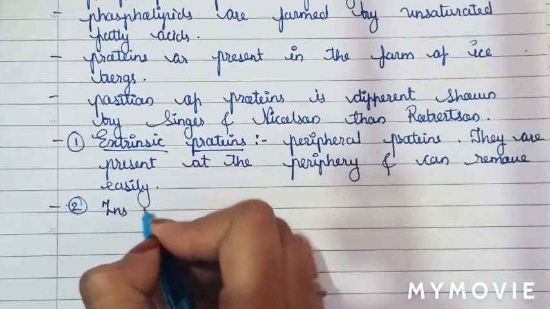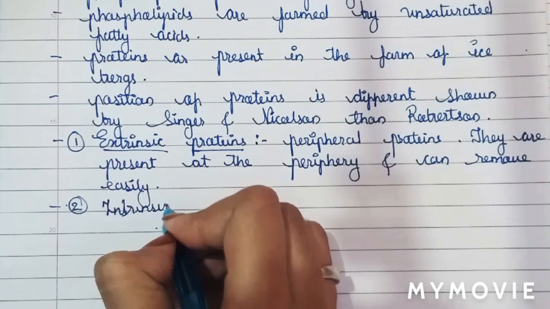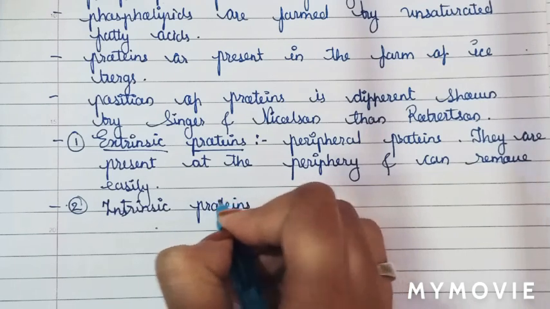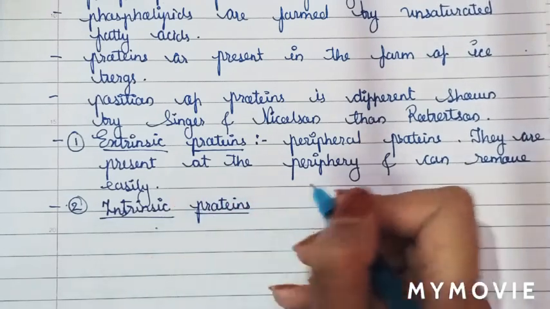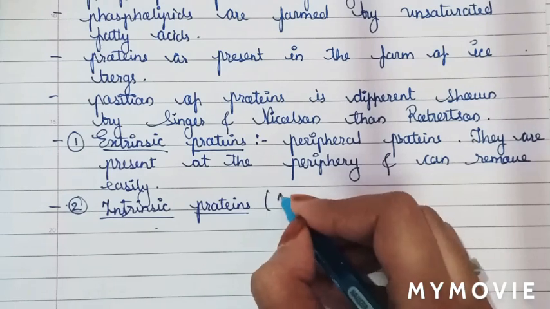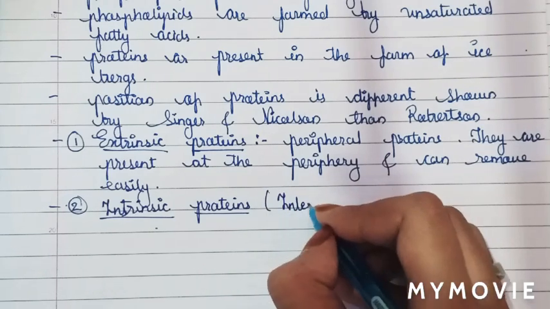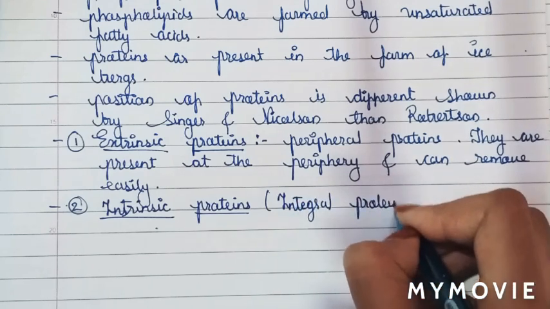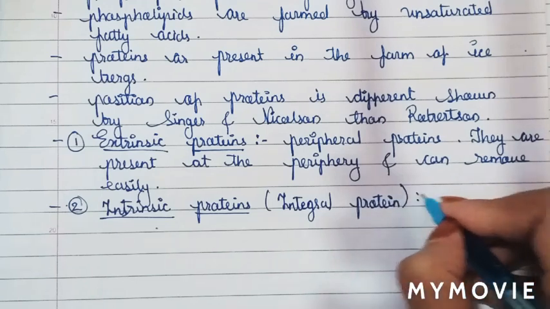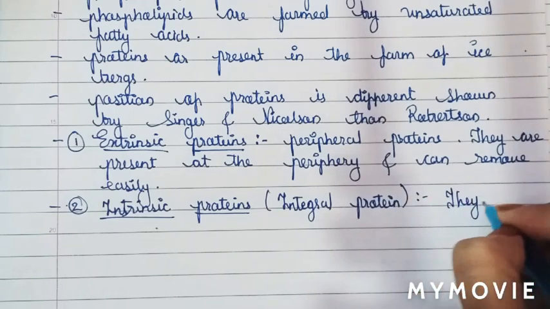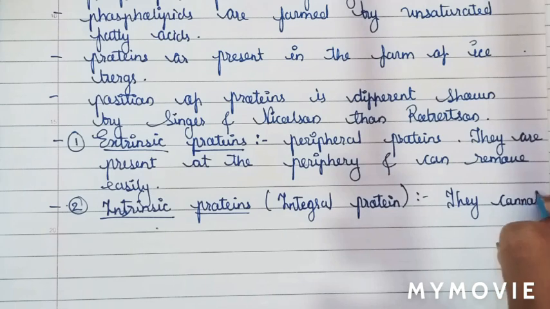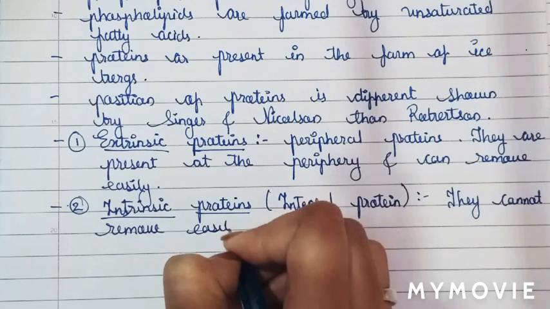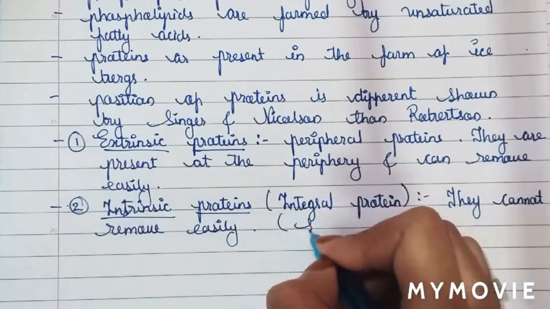So we will write here: intrinsic proteins, or these intrinsic proteins are also known as integral proteins, because they cannot be removed easily. They are the stable proteins.